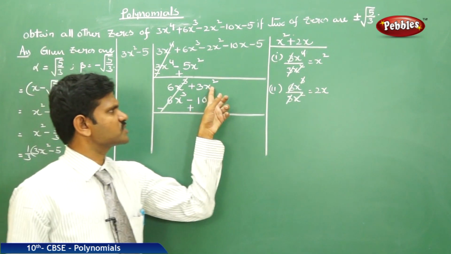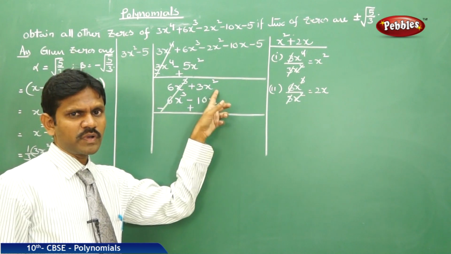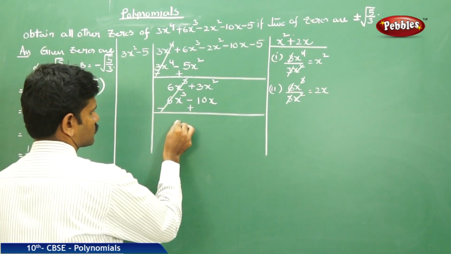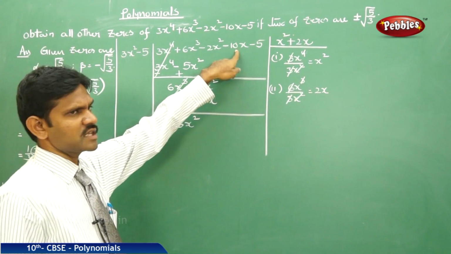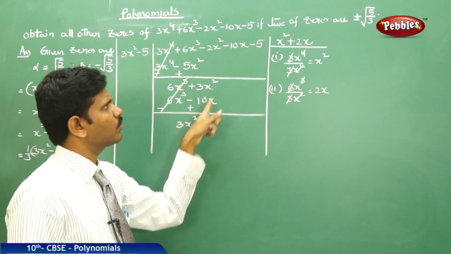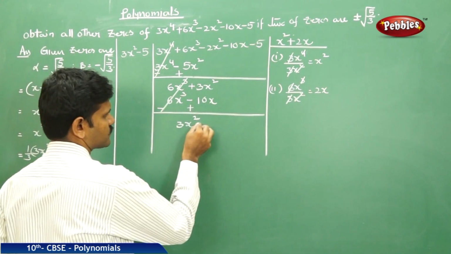Again this is the x square term, this is the x term. Again we are unable to simplify. Then what shall we do now? Write these in order. That is 3x square, minus 10x is there in the question. Here plus 10x is there. Minus 10x plus 10x get cancelled. Then bring down your minus 5.